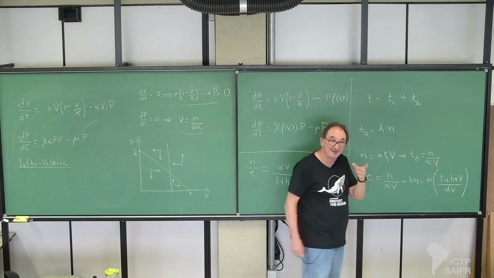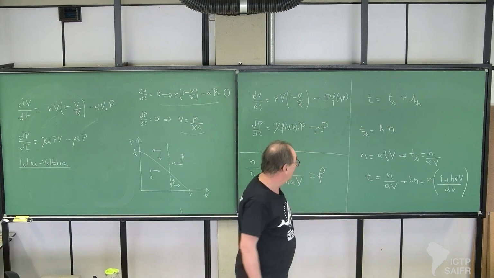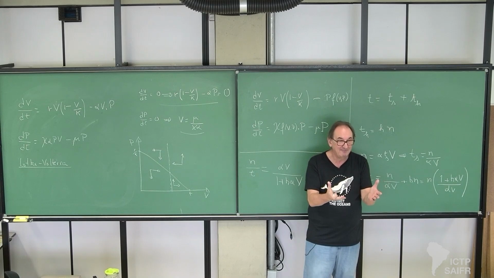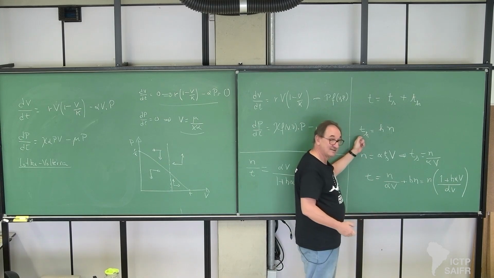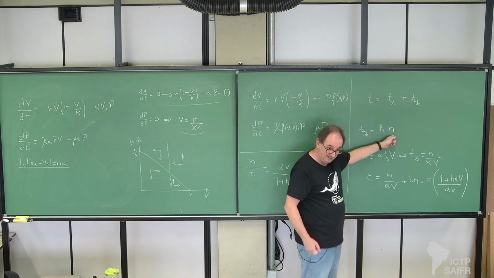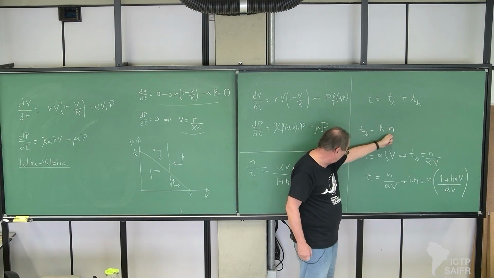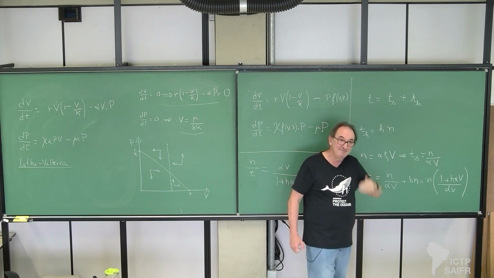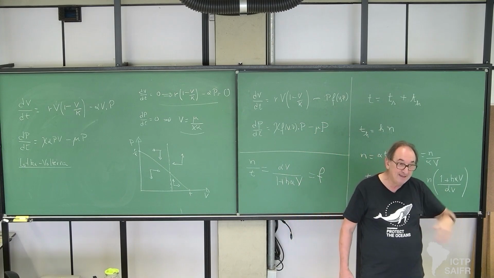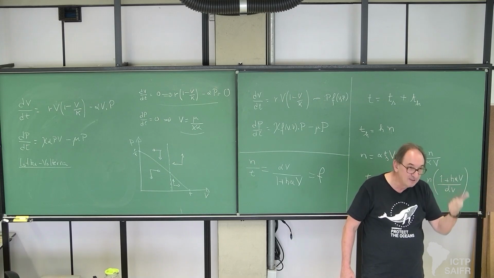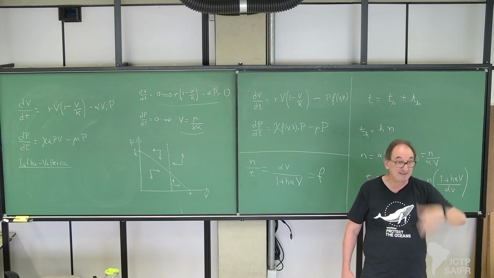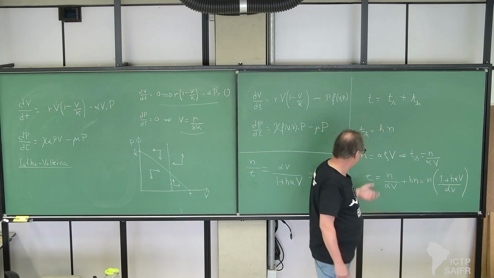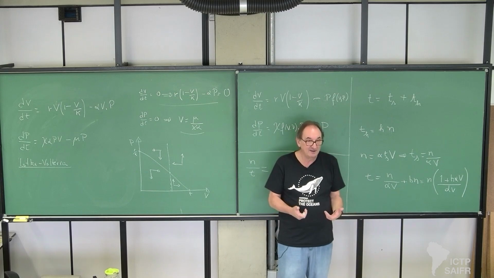H is the handling time. It's called handling time. The handling time is like the unit handling time, the time it takes to handle one prey. This is h. Now, the time that the predator spends handling prey is the unit time for handling a prey times the number of prey. So say it takes 1 hour to handle a prey.